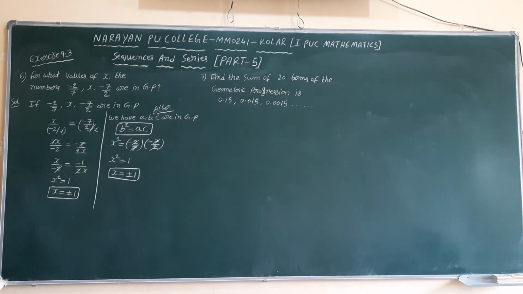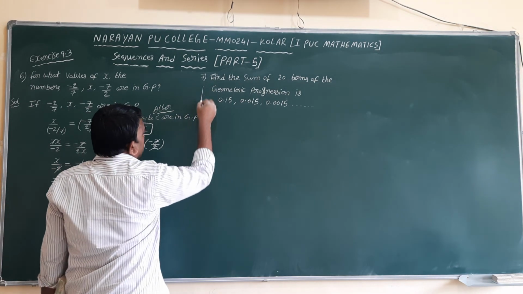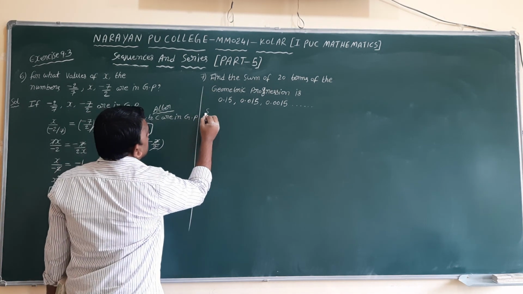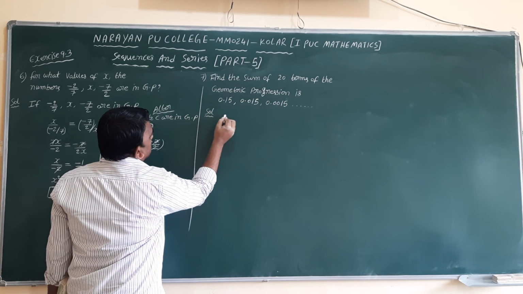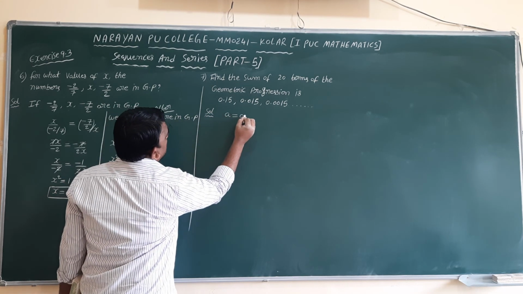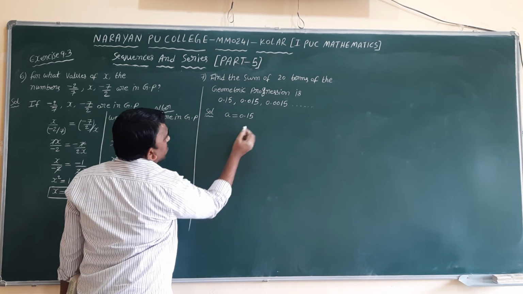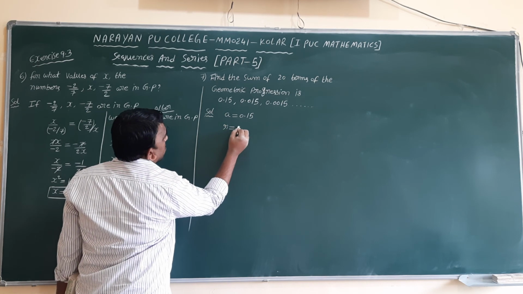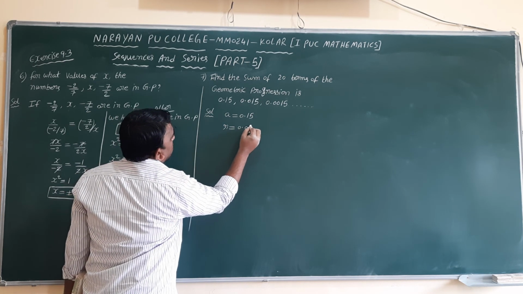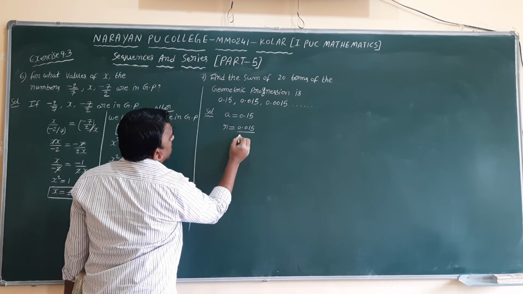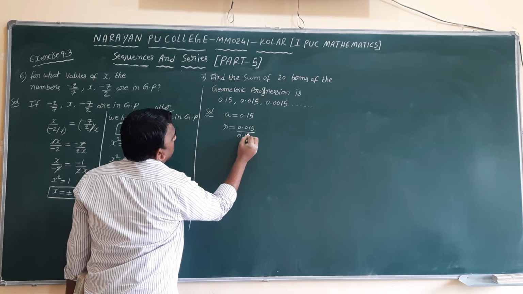For that, first term and common ratio are required. A equal to 0.15, R equal to 0.015 divided by 0.15.